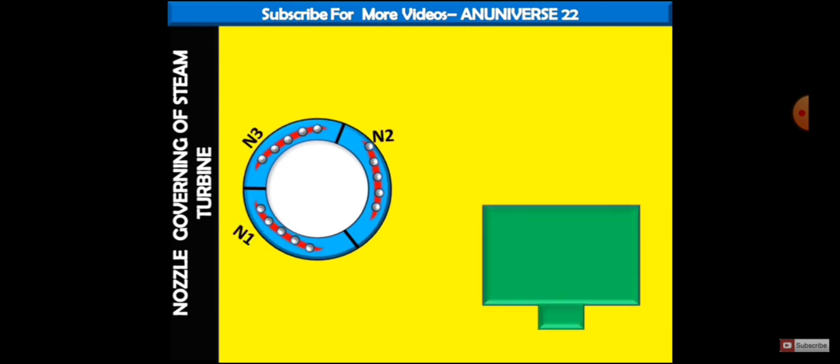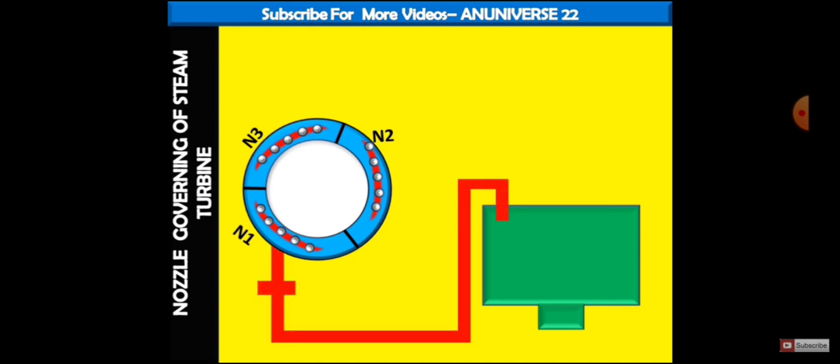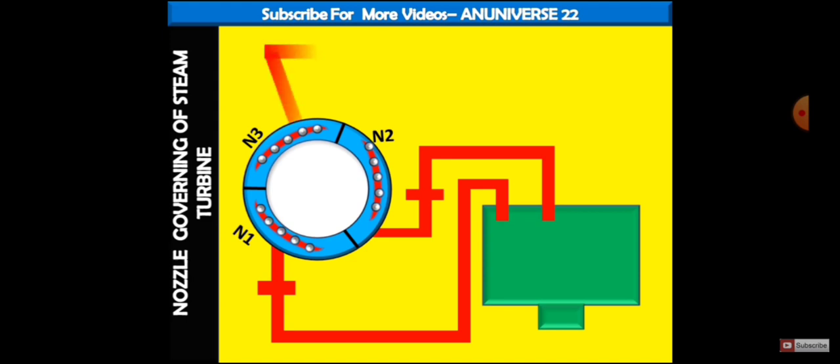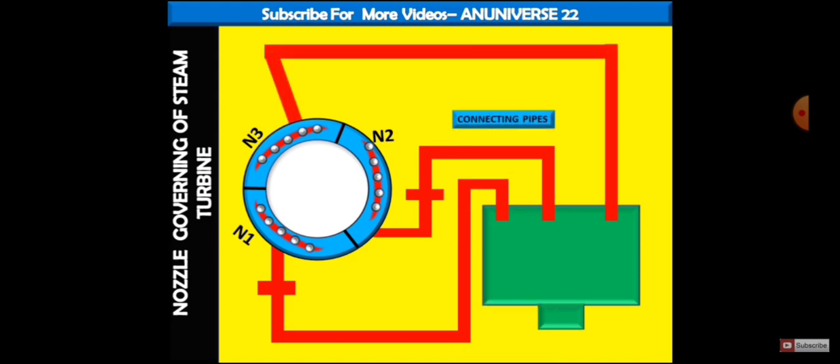And this is the section for supplying the steam. N1 is connected with this tank with a connecting pipe. N2 is also connected with this tank of steam supply, and N3 is also connected with this tank. So here we can see three sets of nozzles, N1, N2 and N3. These are connected with separate pipes to the steam tank.